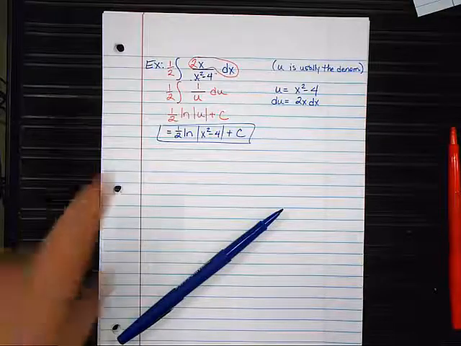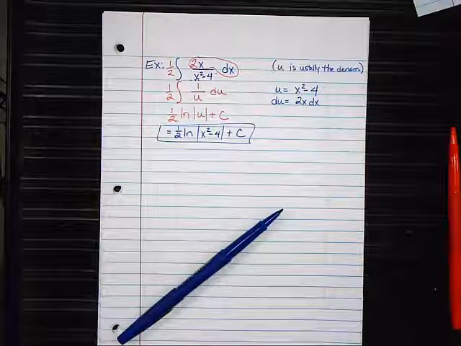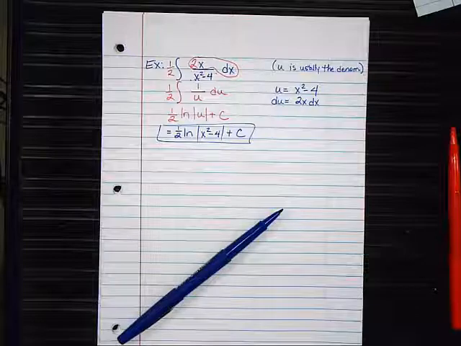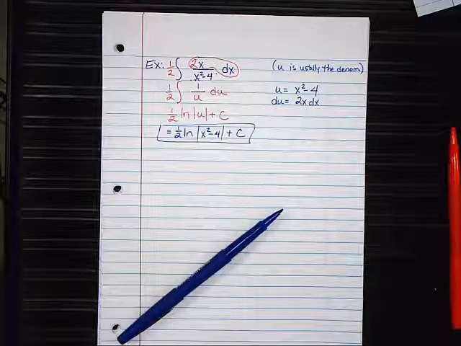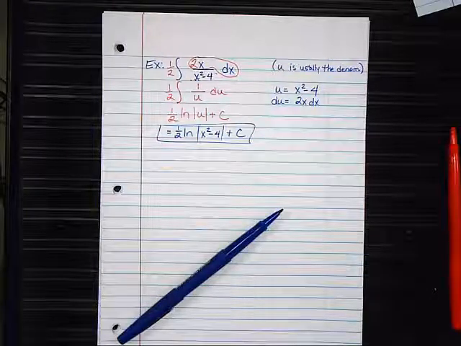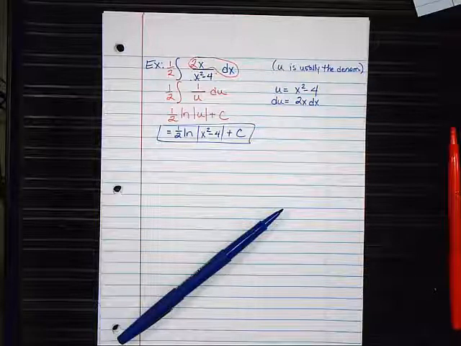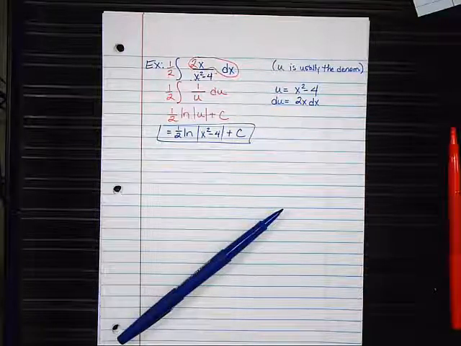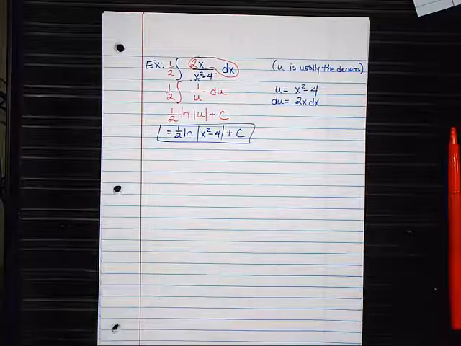That's why this specific problem, when the power would become negative 1, has to default to natural log. Everything else you do exactly like you said, except when the power is negative 1. But if it was on the bottom in parentheses squared, would you be able to move it up? Yes, exactly, and we're going to do one like that in just a minute. Good job. Okay, next problem.